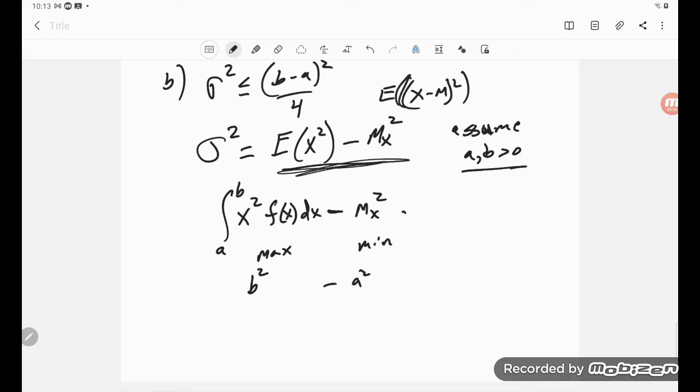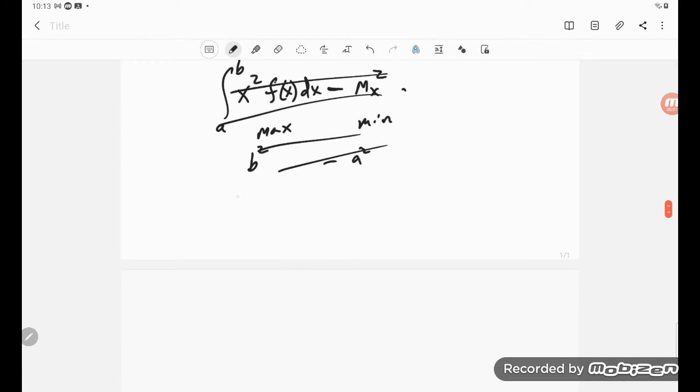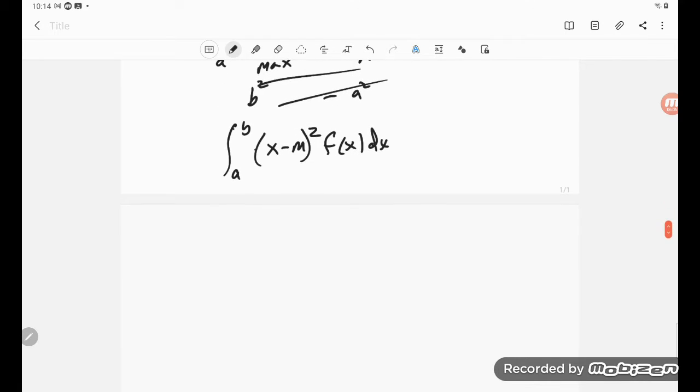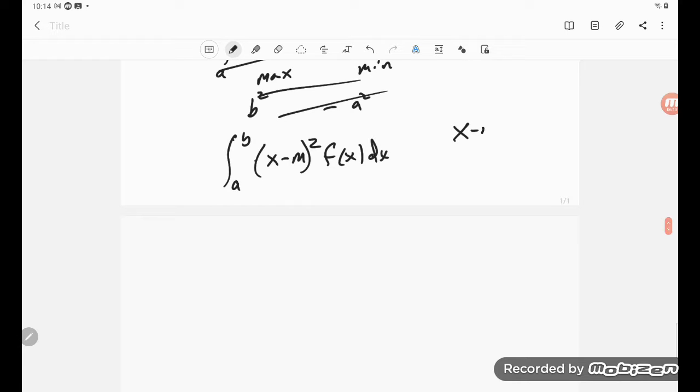So I think I would scratch this approach, and actually then I don't think you have to assume that, because if we go with this integral from A to B of (x minus m) squared f of x dx, then I can get that (x minus m) squared is definitely less than or equal to (b minus a) squared.